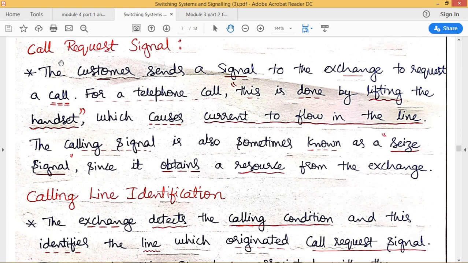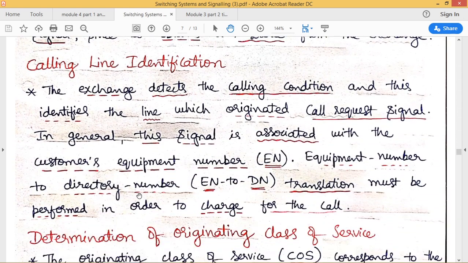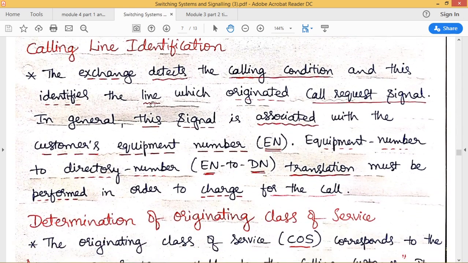Once the customer has sent the call request signal to the exchange, the next operation is calling line identification. Basically, the exchange should read this particular call request signal or seize signal. With respect to calling line identification, the exchange must be able to detect the calling condition, and this identifies the line which originated the call request signal.